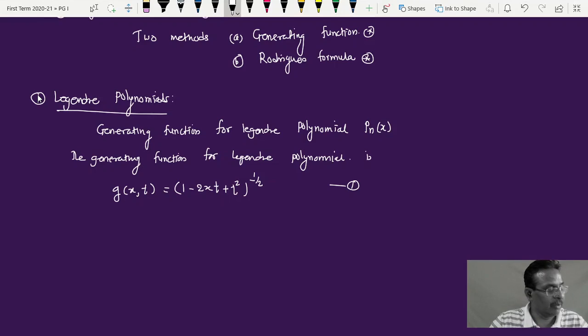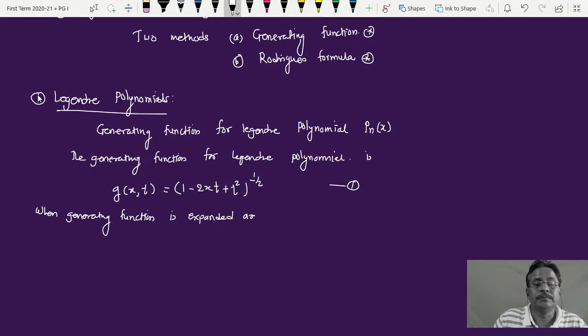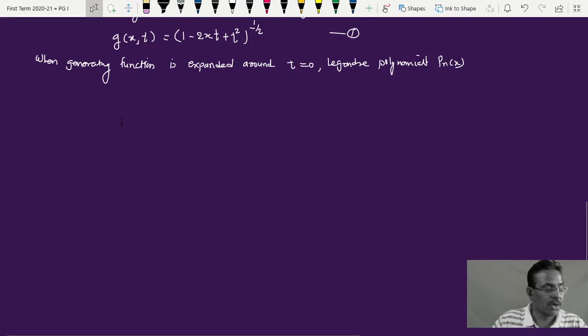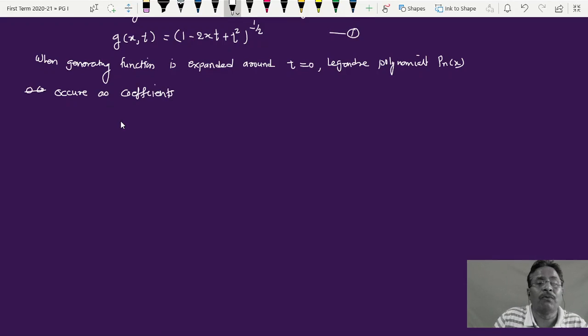So we'll write briefly: the function of two variables x, t, the generating function, when it is expanded around t equal to 0, the second variable, the Legendre polynomials Pn of x occur as the coefficient of t raised to n in the power series.